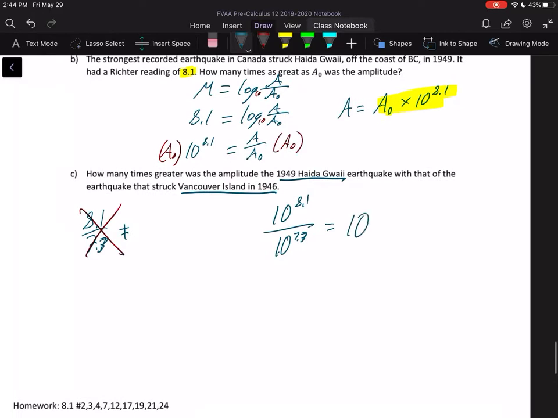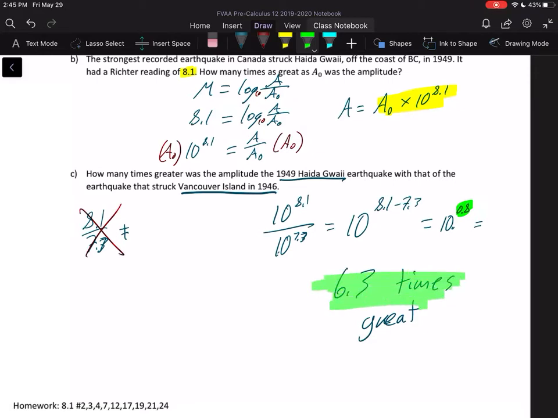If you remember your exponent rules, this is a quotient of powers, so 8.1 minus 7.3, which is equal to 10 to the power of 0.8, which is 6.3 times greater. So just that small difference of 0.8 on the Richter scale means that the earthquake in Haida was over 6 times more powerful than the earthquake that struck Vancouver Island in 1946.